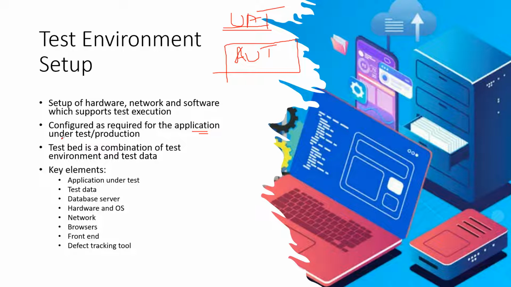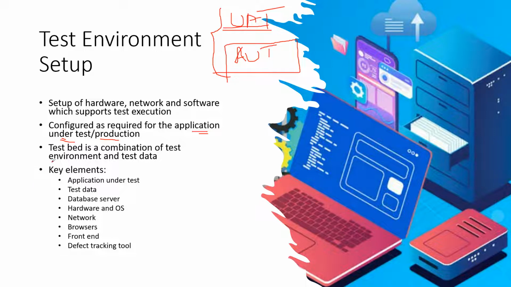A test environment can also be called AUT. Whatever application is put under testing is called AUT. It can also be the production environment, where we might perform some basic, high-level testing. That is called AUT. Know the difference between these, because this can be an interview question.